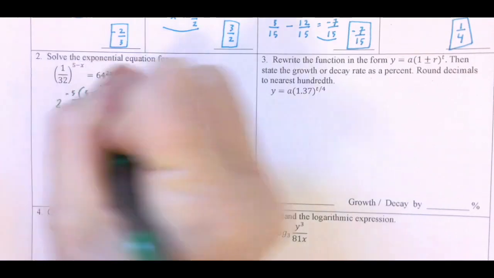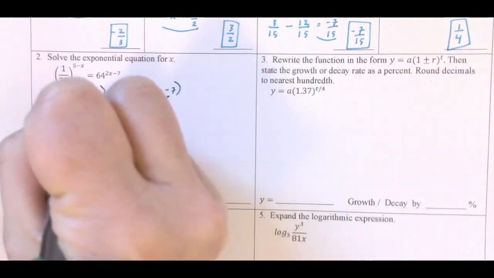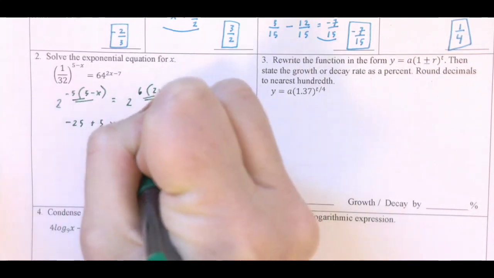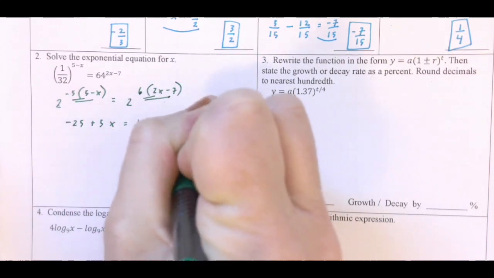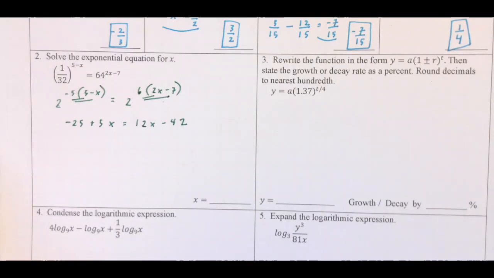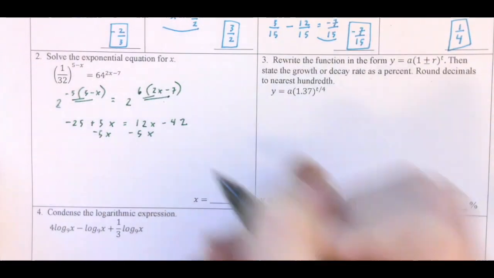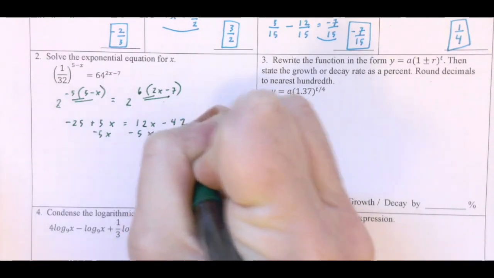So I'm going to distribute and get -25 plus 5x equals 12x minus 42. Okay, get the x's together. I'll subtract 5x from both sides, and then I'll add the 42.